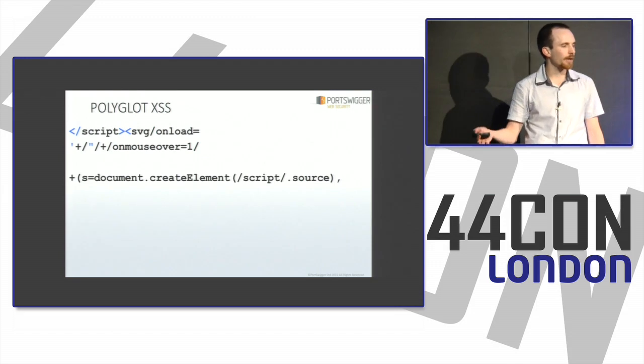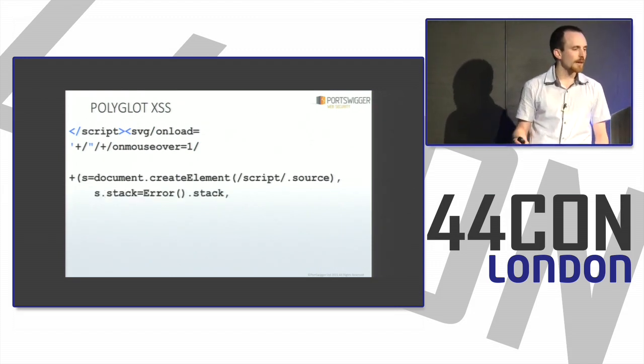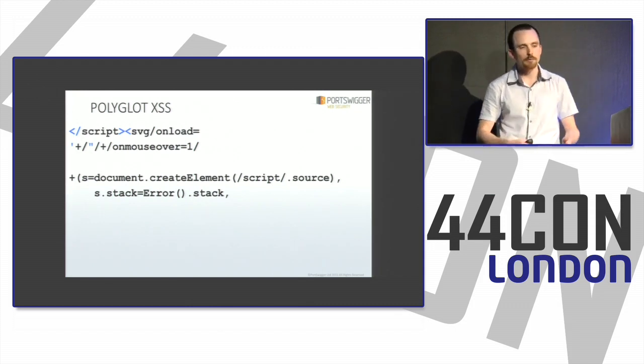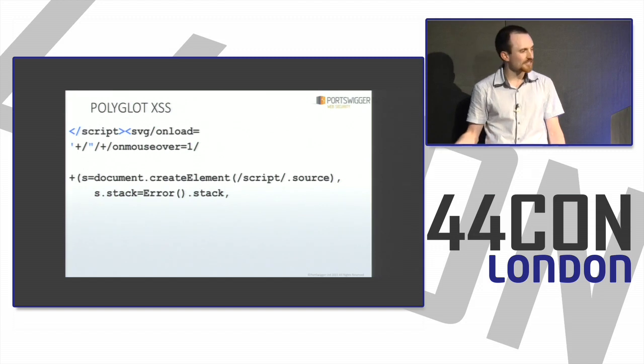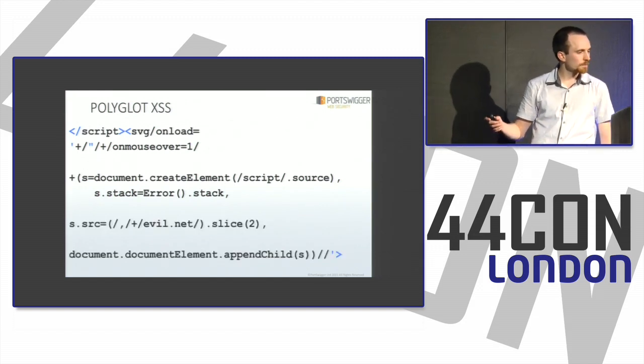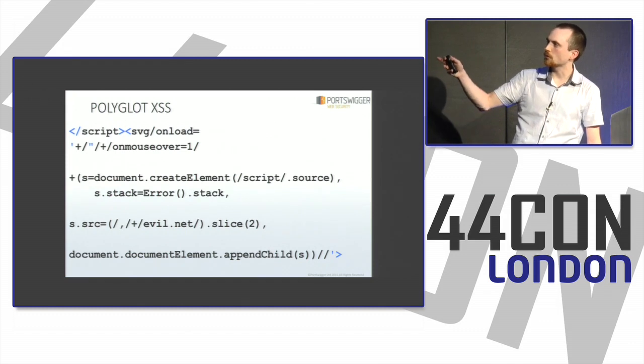So we just need to create a script and grab some information from the environment that will tell us which line of JavaScript the vulnerable call came from, which will be useful in fixing it later, and append that script to the document. That will import a full JavaScript file from evil.net.